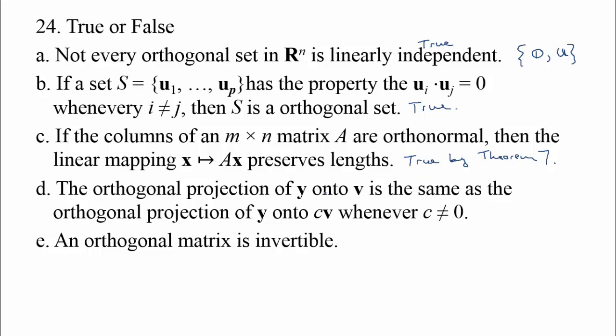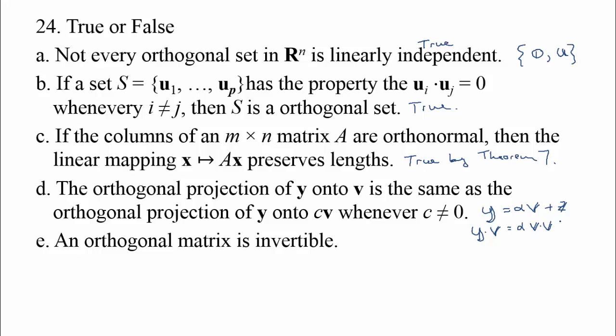Okay, D. The orthogonal projection of y onto v is the same as the orthogonal projection of y onto cv whenever c is not equal to 0. So remember, if we wanted to project it onto v, we would assume that y was some scalar multiple of v plus a vector z that's orthogonal, and then we dotted both sides with v.